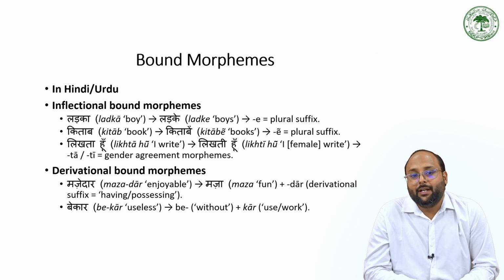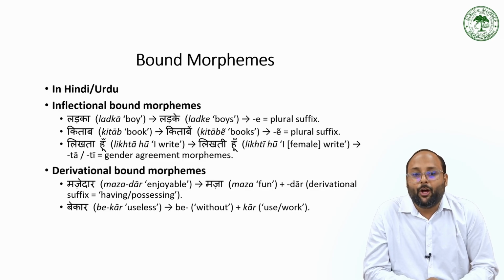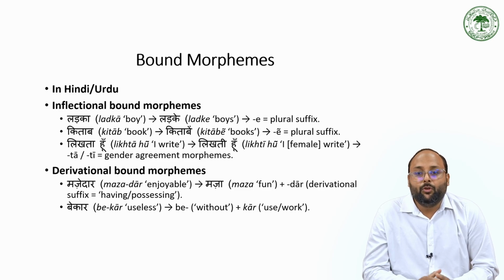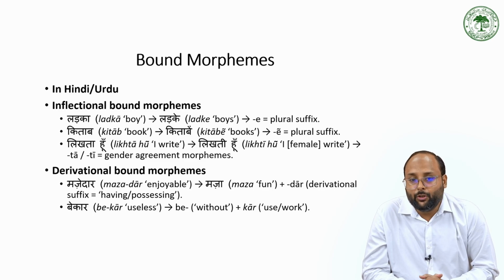In Hindi Urdu, we also have examples of bond morphemes, both inflectional and derivational. Inflectional bond morphemes do not change the word class. Like we have the word ladka, it becomes ladke; kitab becomes kitabein; likhta hu becomes likhti hu.